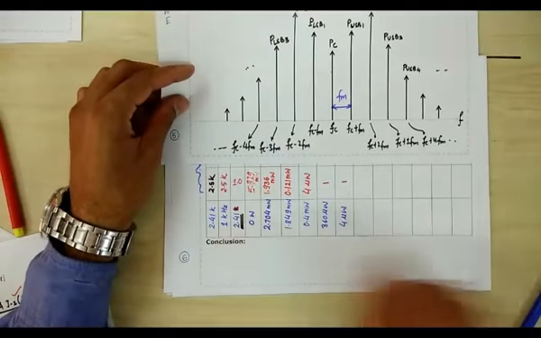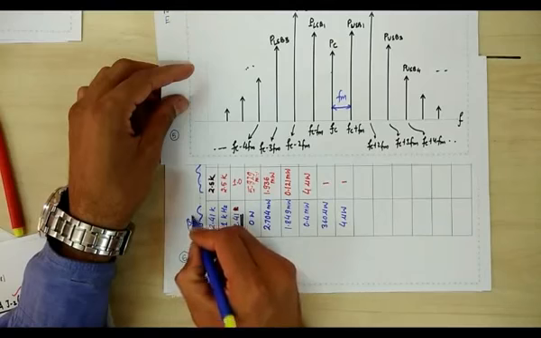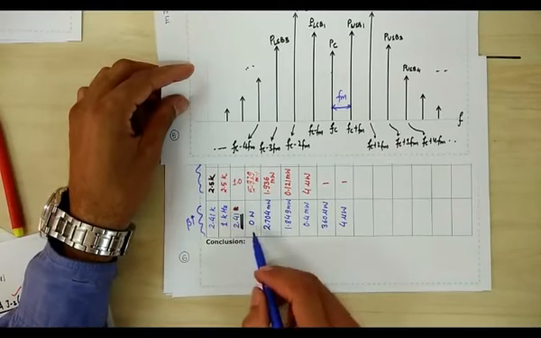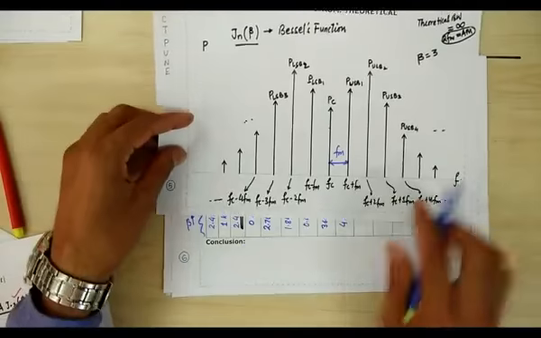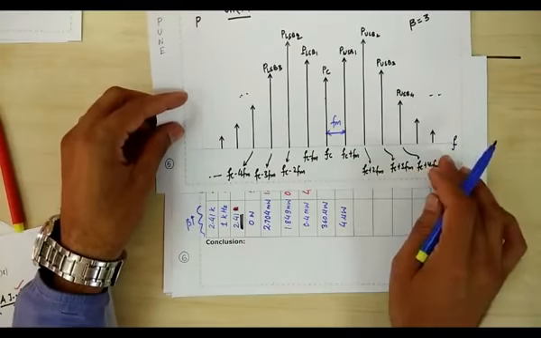In the third case, we have increased our beta value. So for this beta, we can see the number of significant sidebands is going to increase.